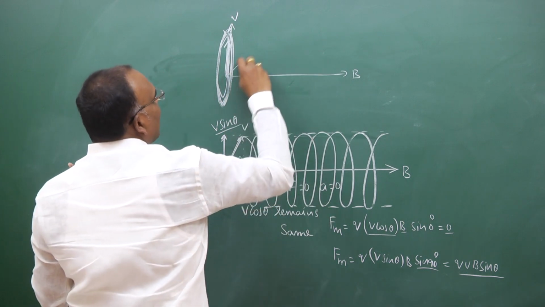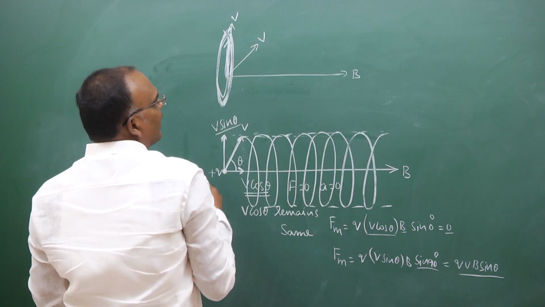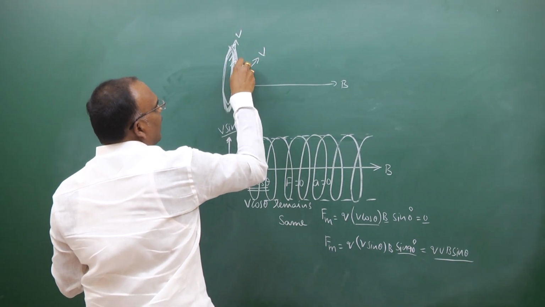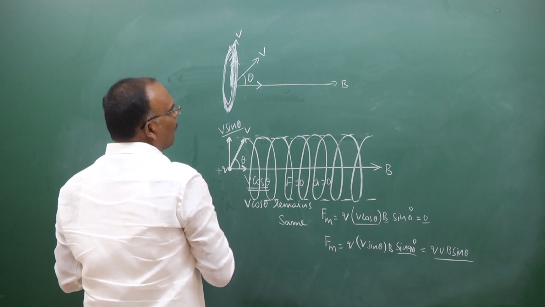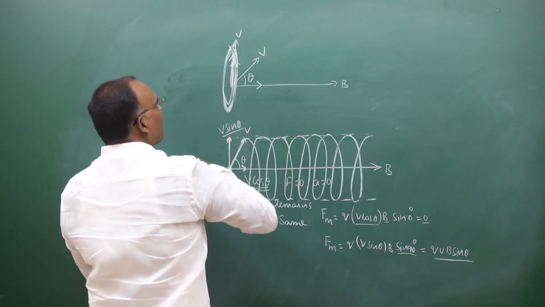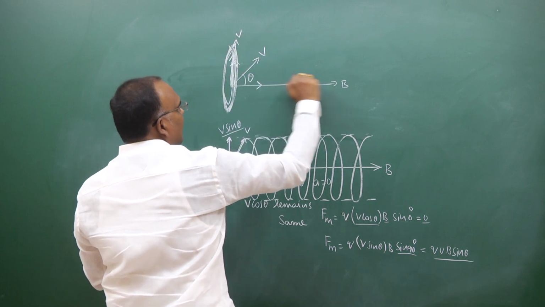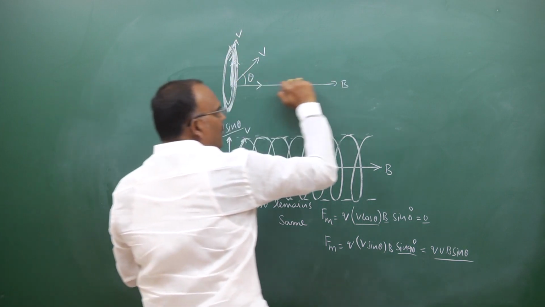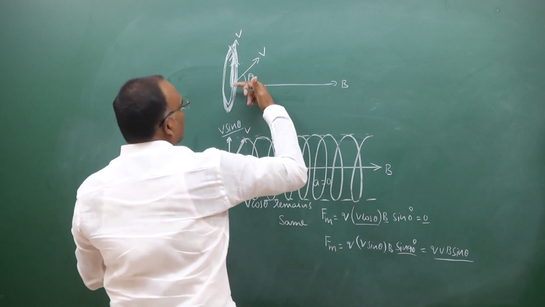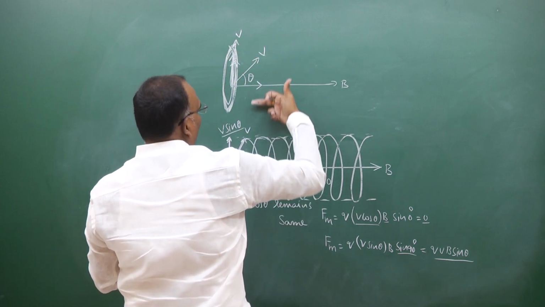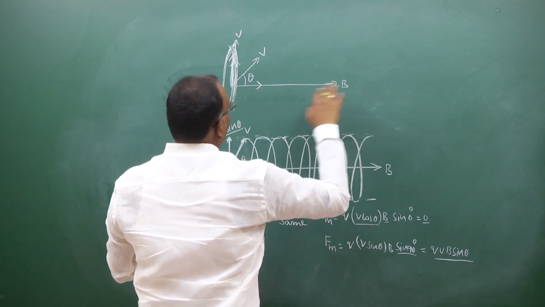When a charged particle is projected with a certain velocity at an angle theta, it has a vertical component as well as a horizontal component. The vertical component makes the charged particle revolve in a circular path. The horizontal component pulls the charged particle forward. So the charged particle has a combined motion, circular motion as well as linear motion.